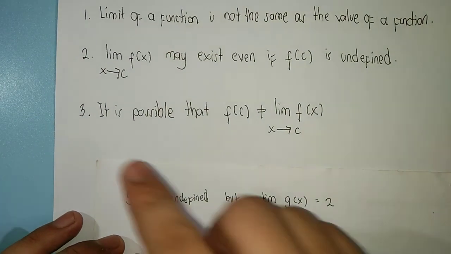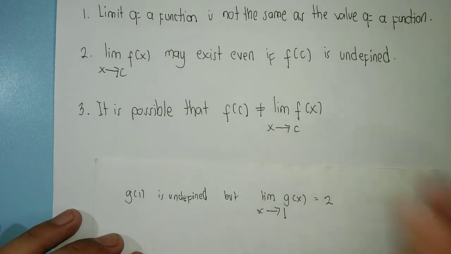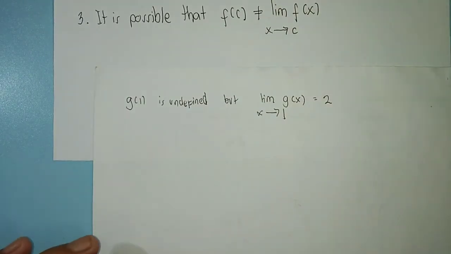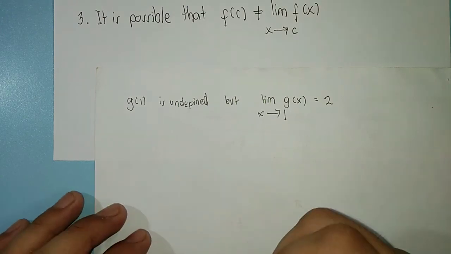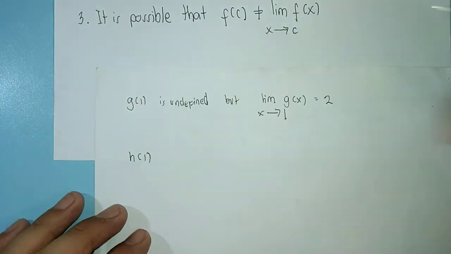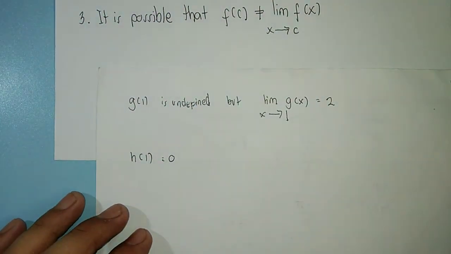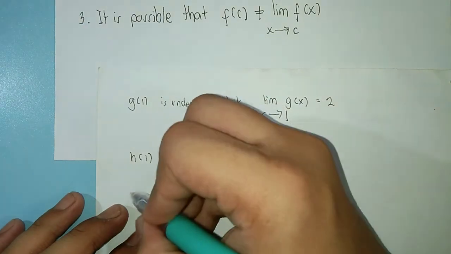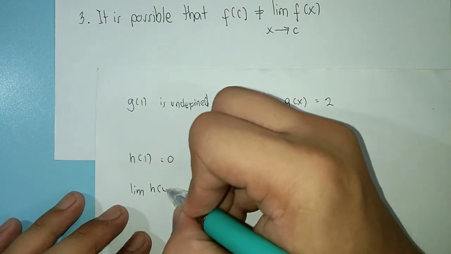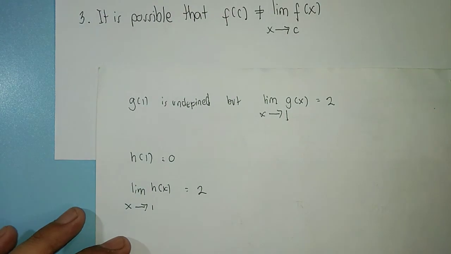And another one, number 3, it is possible that f of c, yung value ay not equal doon sa limit. So for example, gamitin na natin yung h of x, yung function h. Kanina, nakuha natin yung h of 1 to be equal to 0. But, yung limit ng h of x as x approaches 1, ang nakuha natin ay 2.